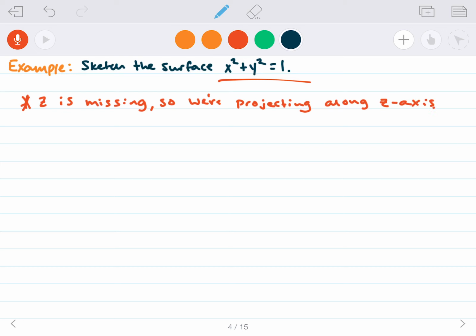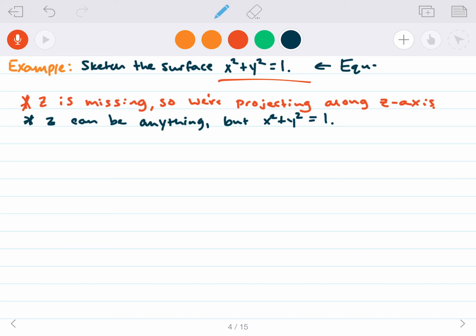And another way to think about this is z can be anything, since we're projecting along the z-axis. But x squared plus y squared equals 1, okay? Now, you should recognize this as the equation of a circle.